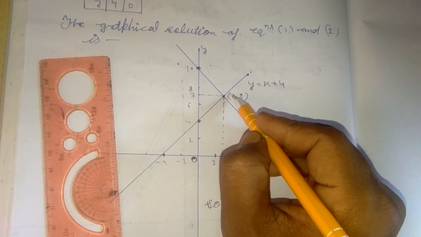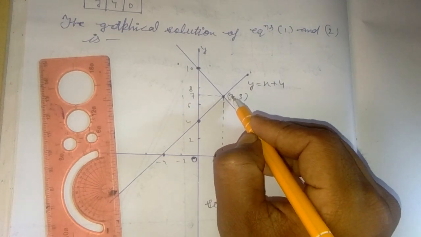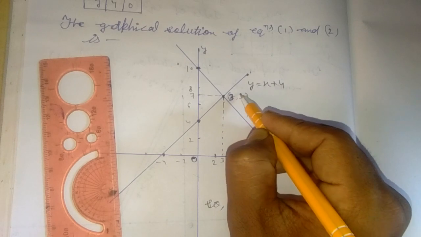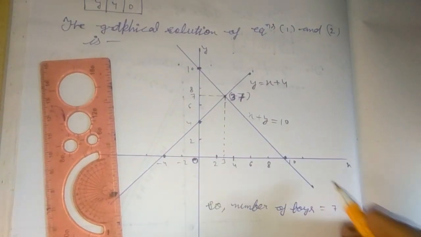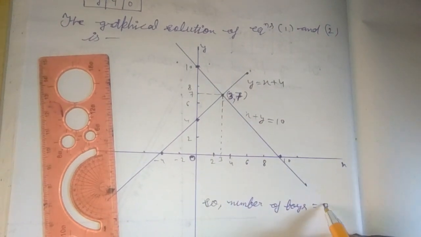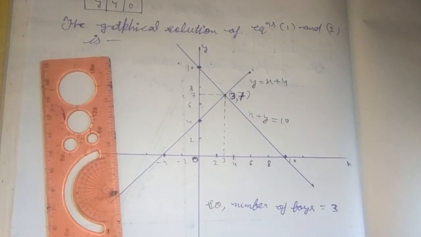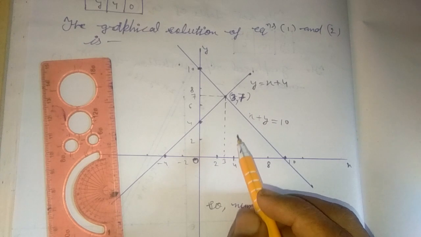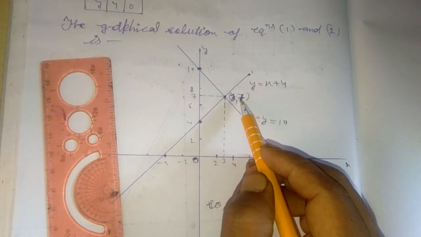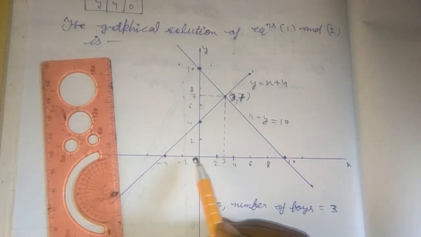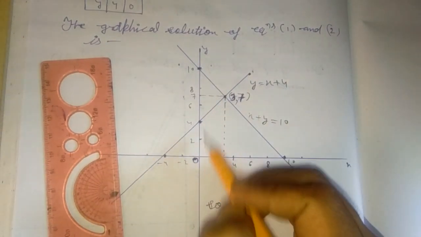Sorry, here it is a mistake: 3 and 7. Because we first write the x coordinate and then the y coordinate, the x coordinate is 3 and the y coordinate is 7.